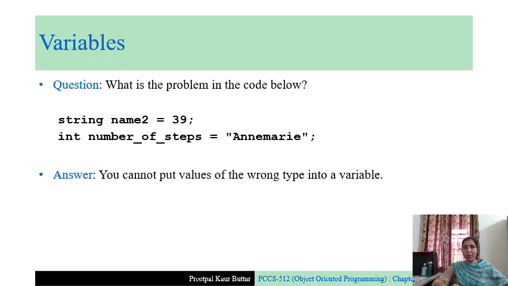Its data type is string, but the value which we are putting here is an integer. This is wrong. We cannot store an integer into a variable of type string. Similarly, we cannot store a value of type string into a variable of type int.